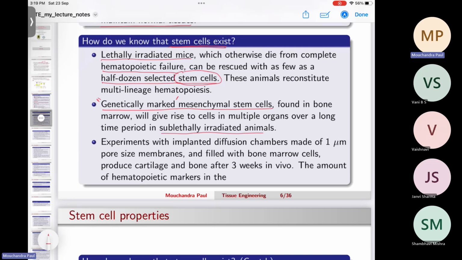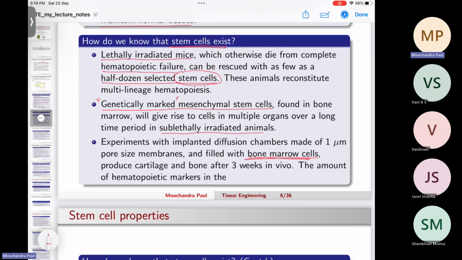They made this kind of mini chamber and implanted it into the body of a mouse. These chambers were filled with bone marrow cells, I mean the mesenchymal stem cells and the hematopoietic stem cells.